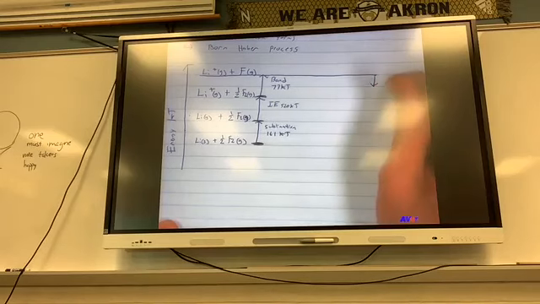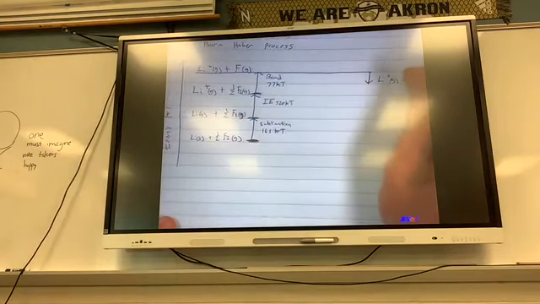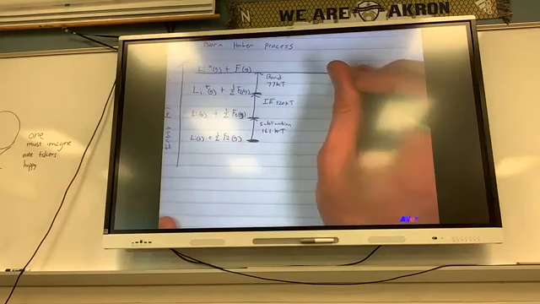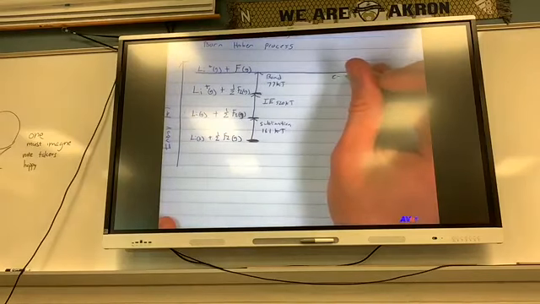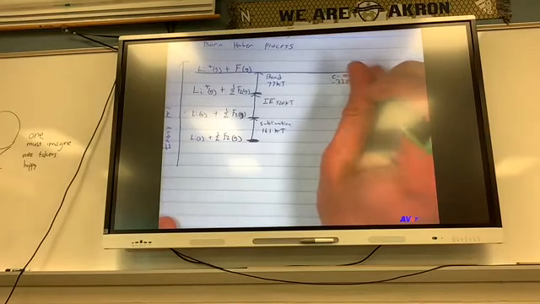So now I'm going to have lithium positive gas plus fluorine negative gas. And this is called my energy of electron affinity. This is my electron affinity energy, which is going to be negative 328 kilojoules.